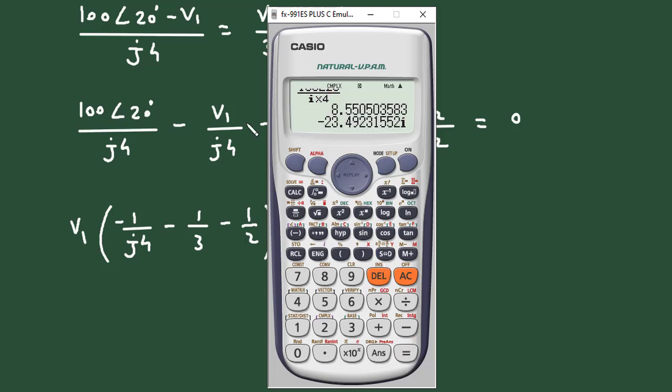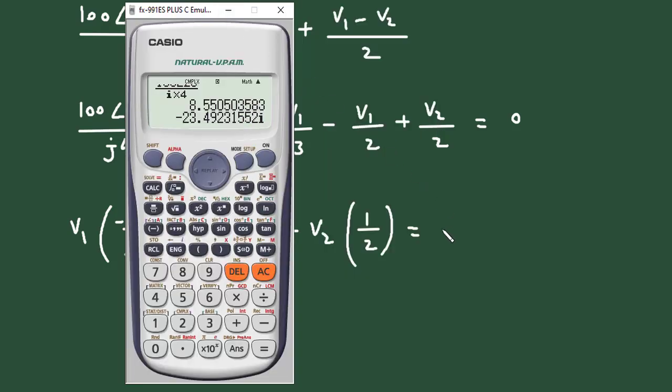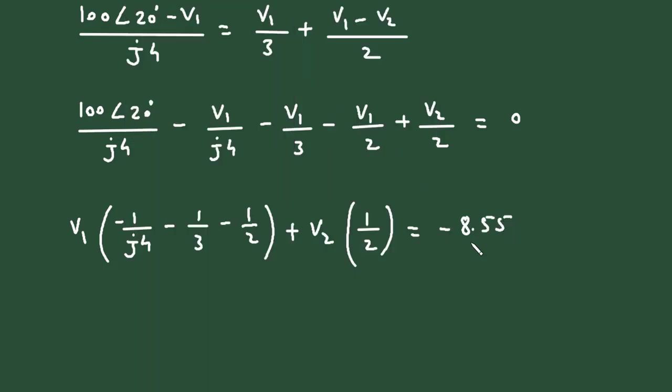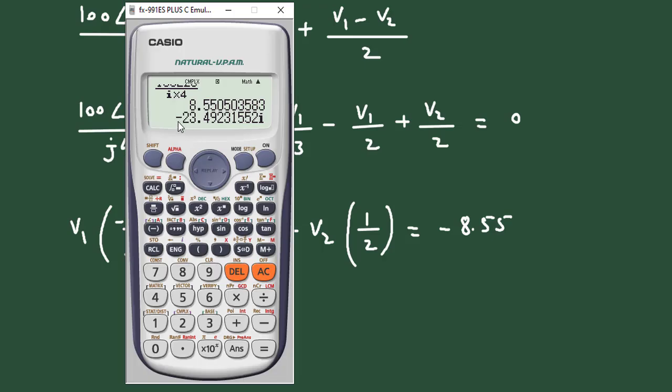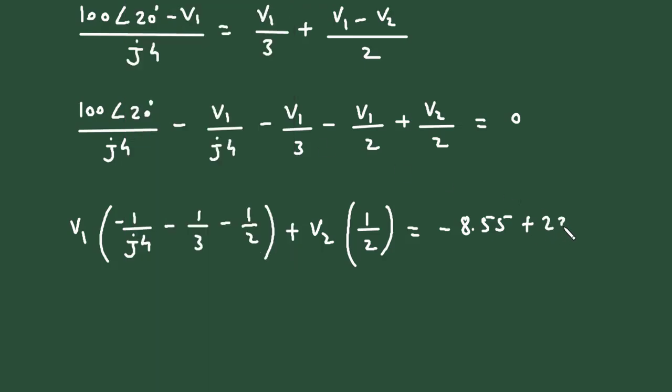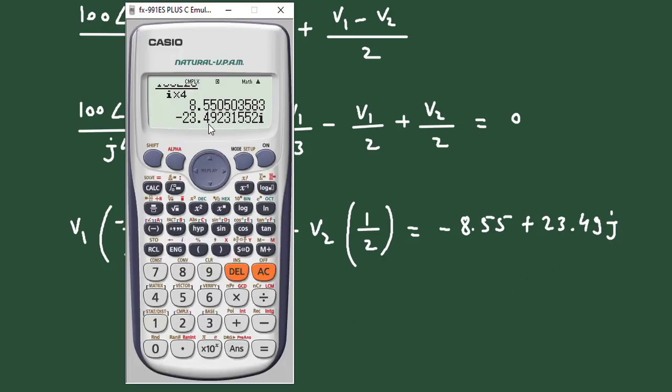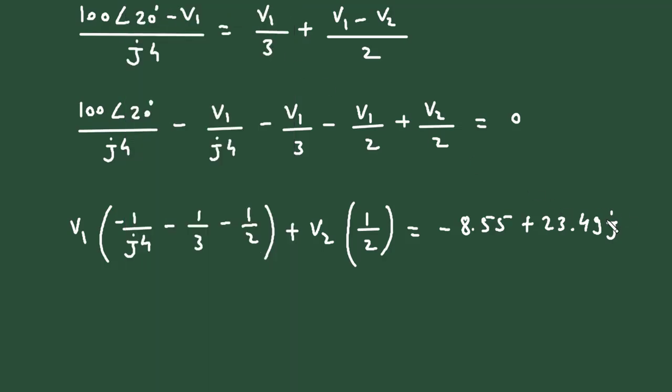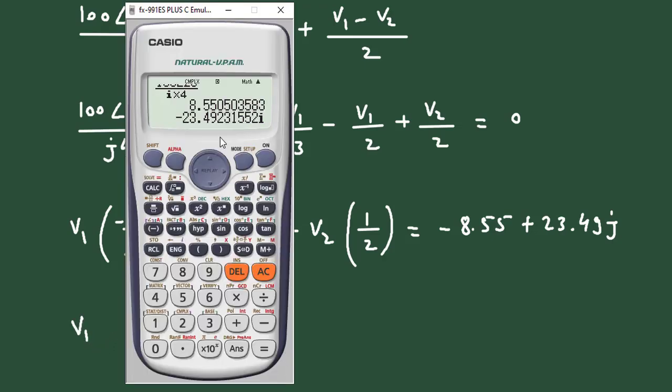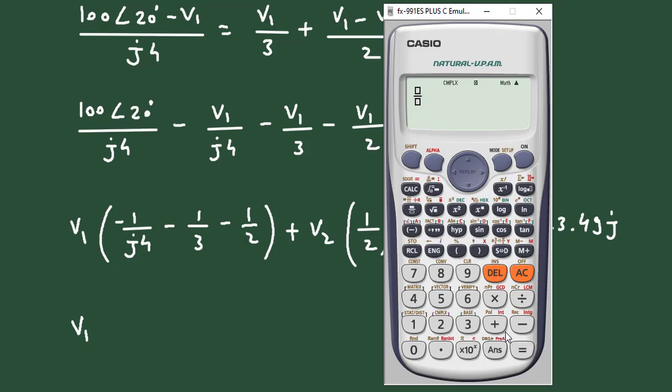So it is 8.55. So on right side it will be minus 8.55. Then here it is minus, so it will be plus 23.49 j. Now let's simplify this further. So it will be V1 in bracket minus 1 upon j into 4, minus 1 upon 3, minus 1 upon 2.